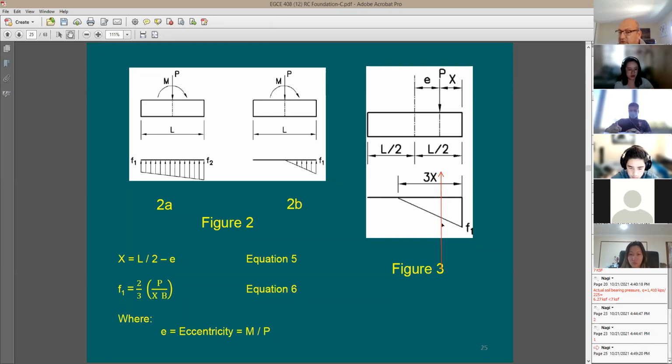Because this force is going to be concentrated at 1/3 of the triangular height. And this reaction has to be aligned with this force P. You don't have any other options. Otherwise, this force is going to be unstable. So the reaction is going to be exactly in the same line of action as this force P. And this total reaction is equal to P, because summation of the forces in the y direction equals 0. So if you have P here, you're going to have a reaction of P.